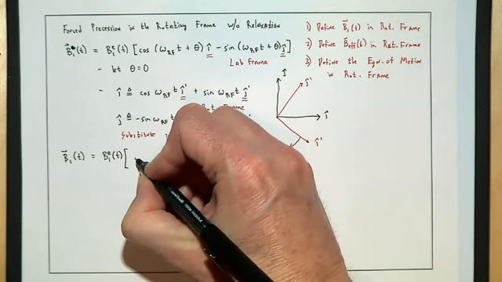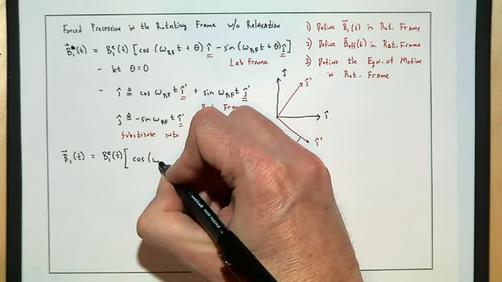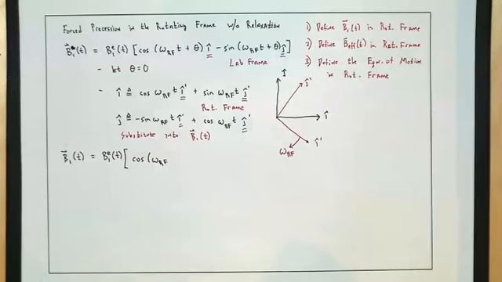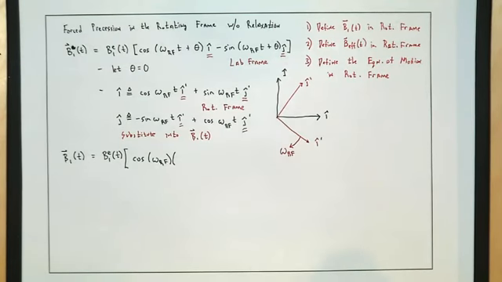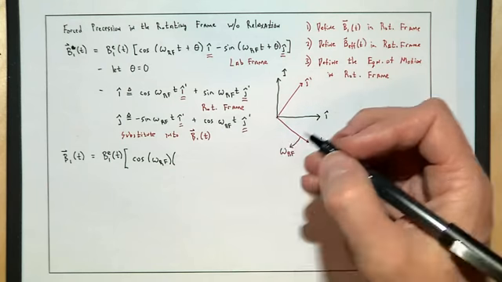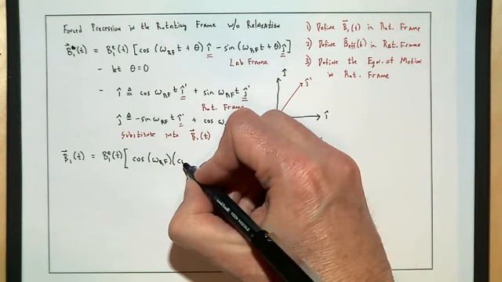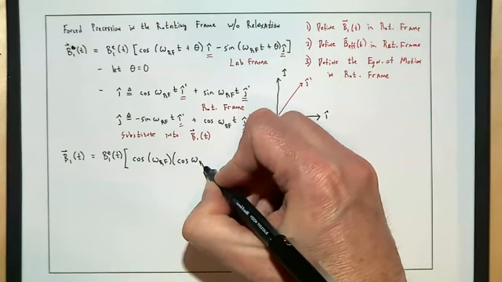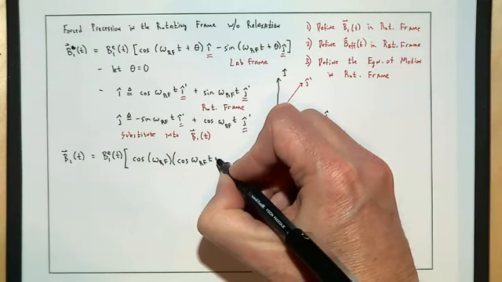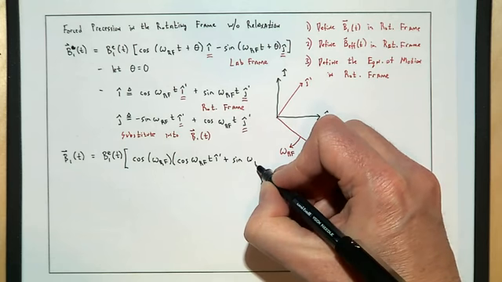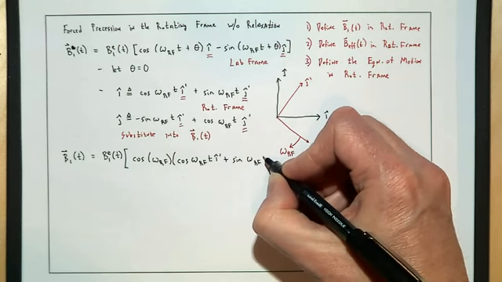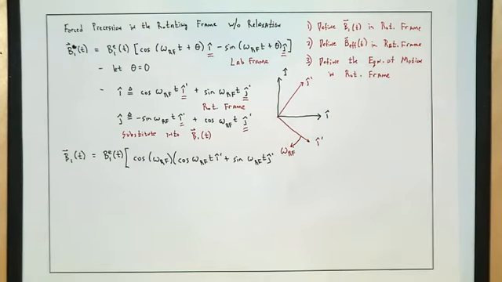We have something like cosine omega RF, and now I need to multiply that by my I hat direction in the components in the rotating frame. So that just looks like cosine omega RF times time I hat prime plus sine omega RF times time J hat prime.